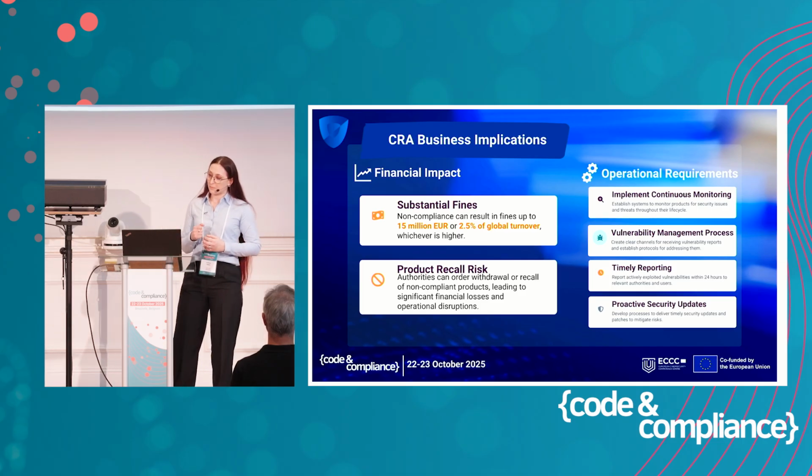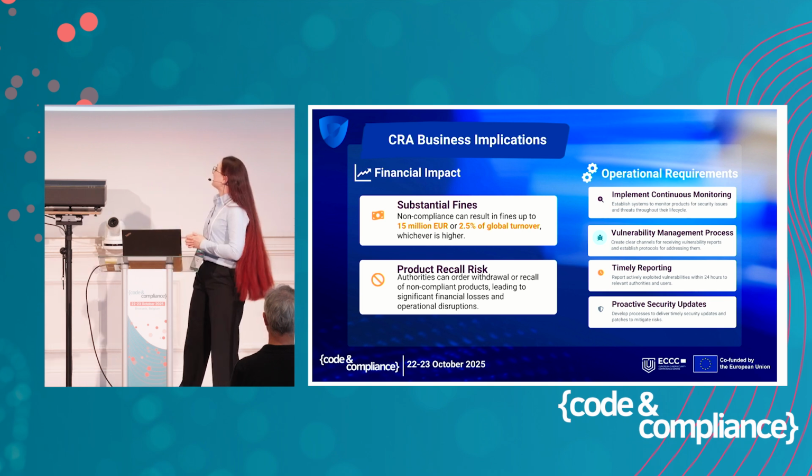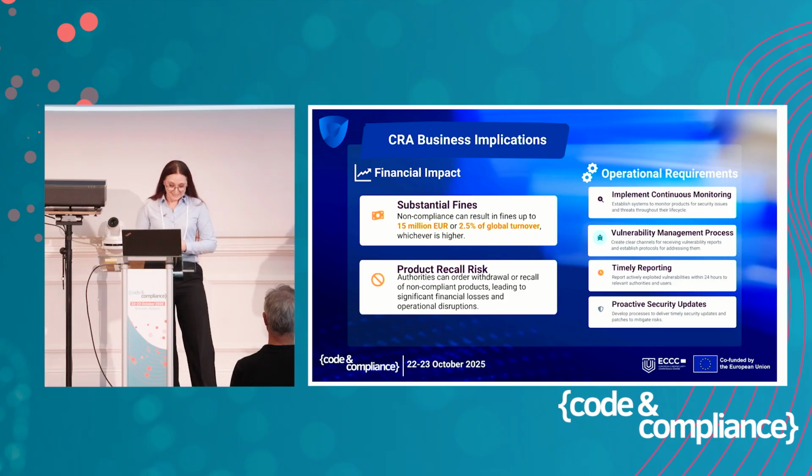And the most important part, I think, is the reporting of exploited vulnerabilities, which we will now have to report within 24 hours to authorities and to the users. And again, we know the fines are not nice, and we want to not even reach that point.